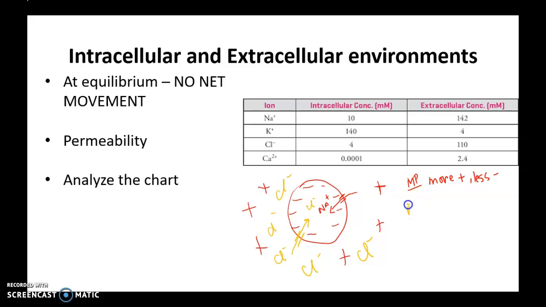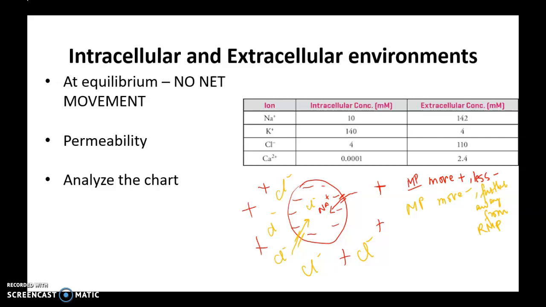So the membrane potential will become even more negative, and it will move further away from resting membrane potential, right? So for example, if the resting membrane potential is negative 70, the inside is now even more negative due to incoming chloride ions, and it can go to minus 85, minus 90. Does it make sense? Okay.